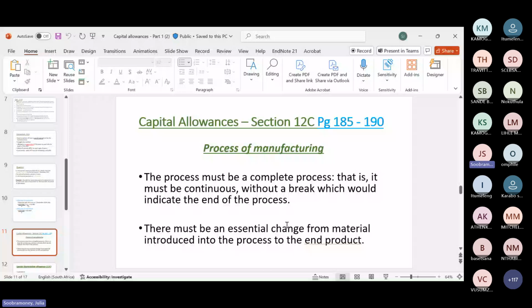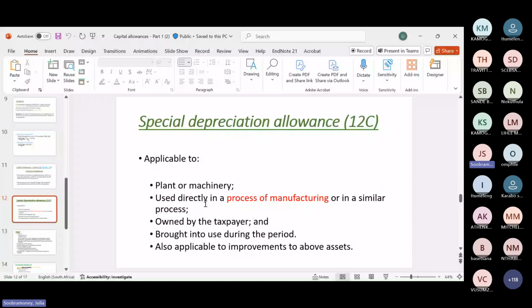Okay, so let's look at Section 12C. When is Section 12C applicable? Plant or machinery used directly in the process of manufacturing. Okay. Again, it must be owned by the taxpayer. It must be brought into use, and it's also applicable to improvements, that we know. That's for every asset that you have.